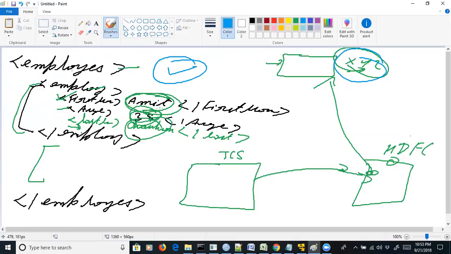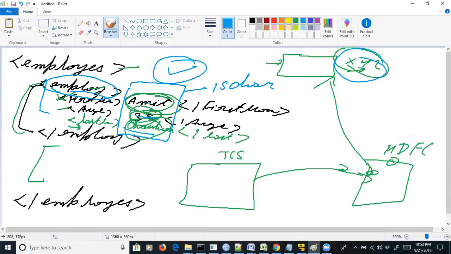Second problem is, if you see, just to pass only this much information, suppose I take the example of only these three tags, which is Amit, the age is 35, and the last name is Chauhan. To pass this, maybe 5, 10, 15 characters, 15 characters I'm using.